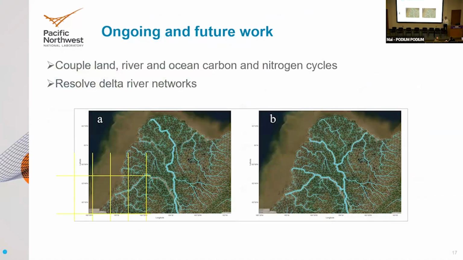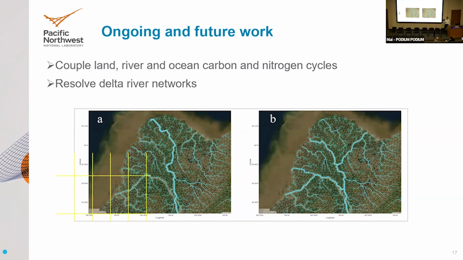Before I conclude my presentation, I want to also introduce my ongoing and future work. One such effort is to couple the land, river, ocean, carbon, and nitrogen cycles. We intend to transport carbon and nitrogen, in both dissolved and particulate form, from the land to the ocean through the river networks.